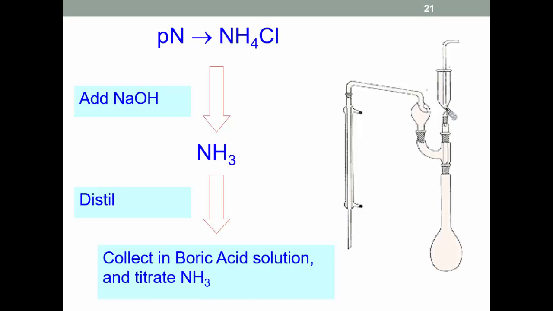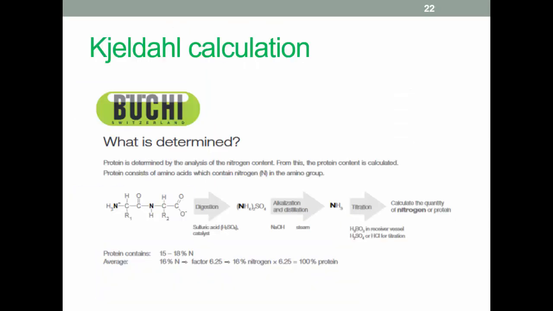The rest of the apparatus is assembled and ammonia is boiled off as a distillation. This distills in a collecting flask and is then subsequently titrated with something like 0.1 molar hydrochloric acid. For more details on calculations, see this link, which has a lot of good stuff on Kjeldahl reactions and Kjeldahl calculations. Well worth having a look at if you're interested.